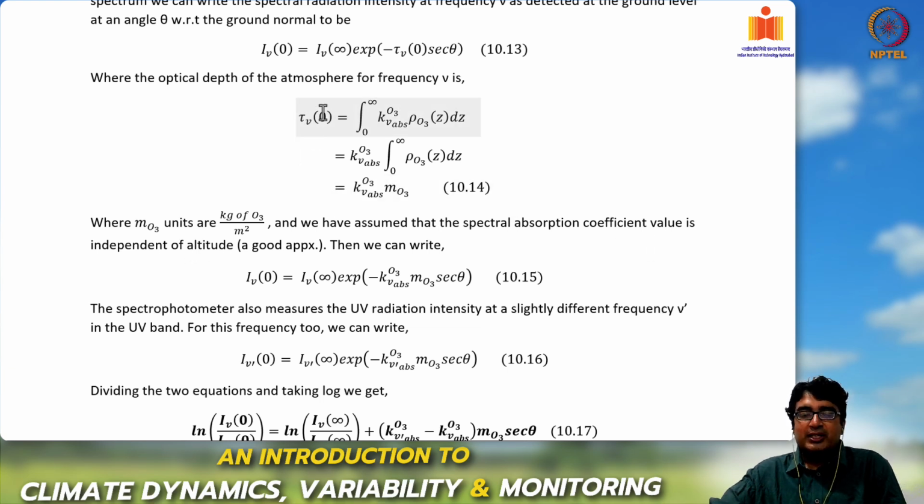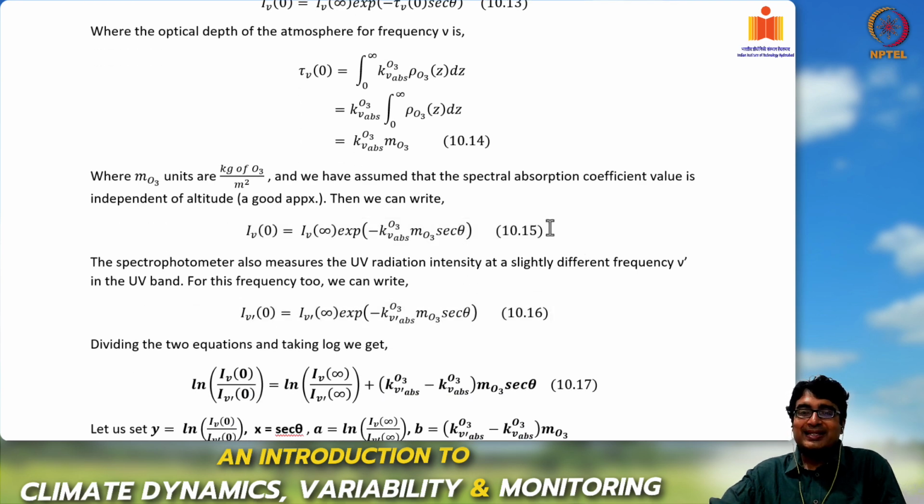So now we just put this expression in place of the optical depth expression in 10.13. Tau nu 0 we are replacing by the absorption coefficient times the weight of the column of ozone. So we get expression 10.15, I nu 0 equals I nu infinity exponential of minus k nu absorption ozone times MO3 times sec theta.